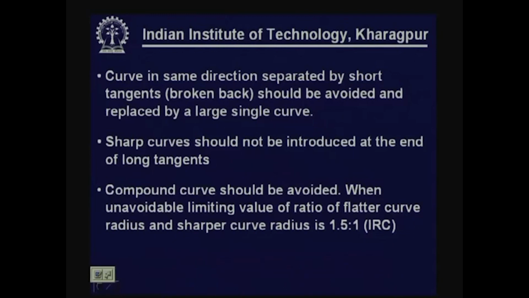Sharp curves should not be introduced at the end of long tangents. Compound curves should be avoided. When unavoidable, limiting value of ratio of flatter curve radius and sharper curve radius is 1.5:1. This is as per the recommendations of Indian Roads Congress.